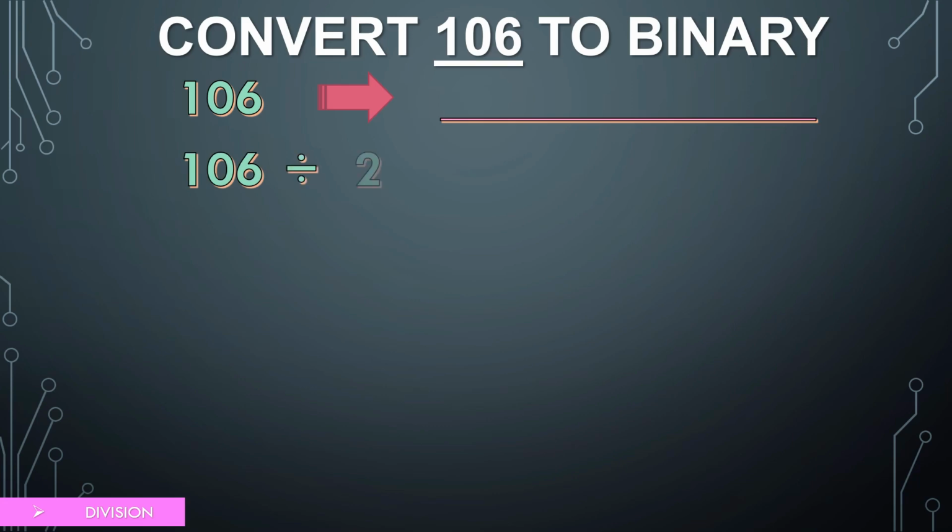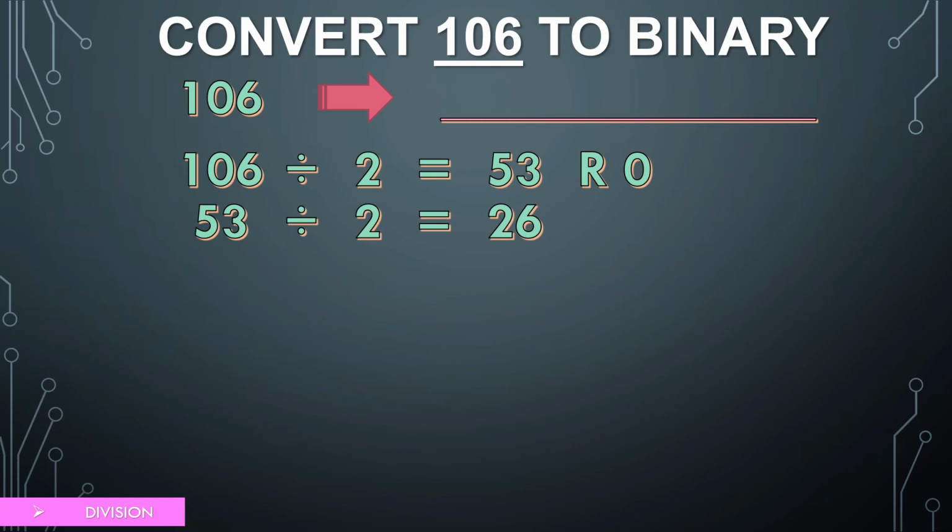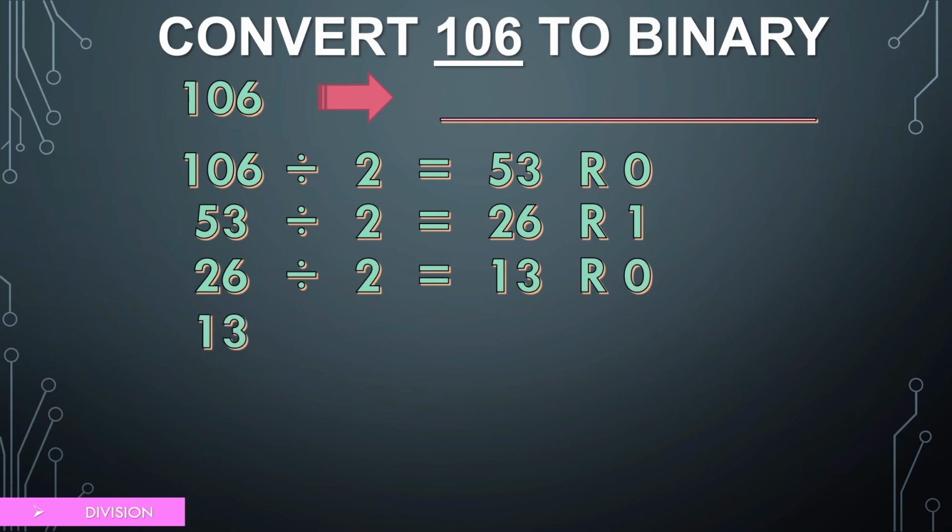106 divided by 2 is equal to 53, remainder 0. 53 divided by 2 is equal to 26.5, so 26, remainder 1. 26 divided by 2 is equal to 13, remainder 0. 13 divided by 2 is 6.5, so we have 6, remainder 1.